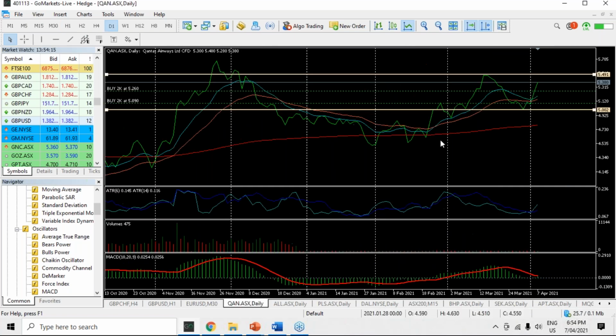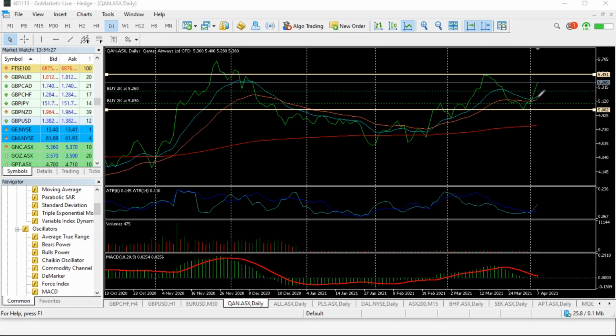But let's look at this Qantas trade. This is the area of bounce, so this is the bounce we traded. At this stage, the price action is below the 20 and the 10, and the MACD is almost at neutral.